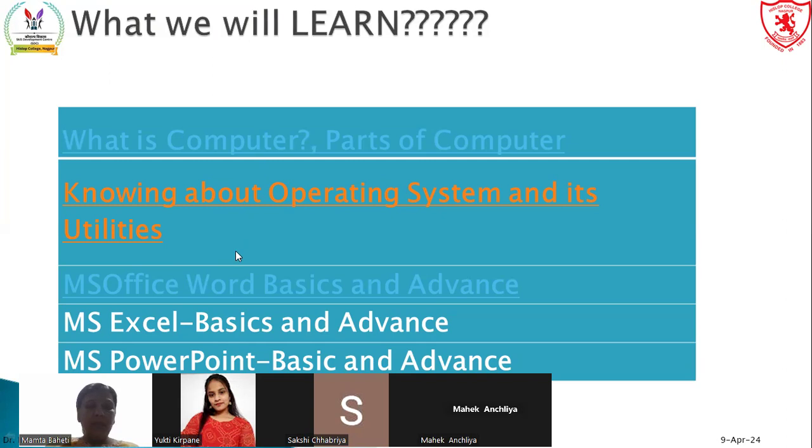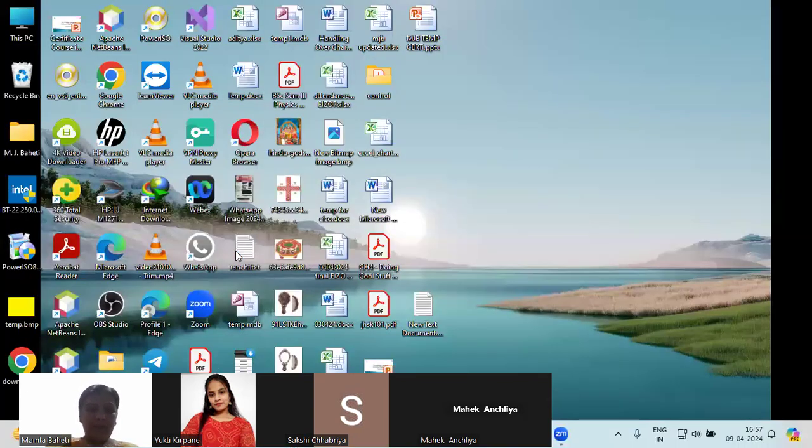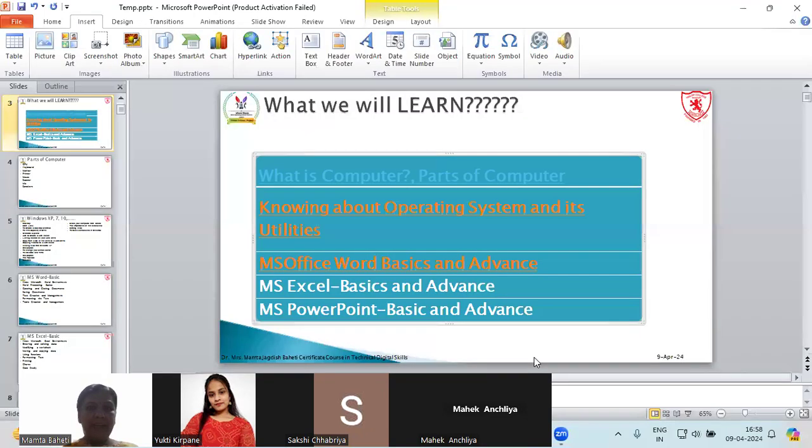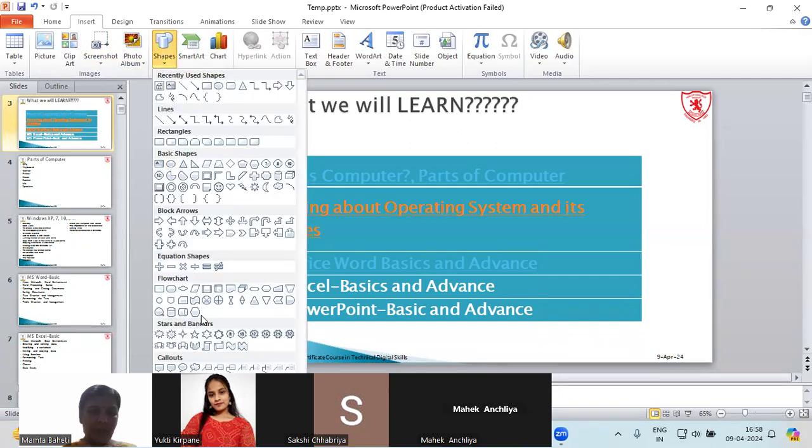So these are some of the ways where you can click and see the option. Again, I'm escaping from the slideshow. Now we will see the use of action buttons. From insert, shapes, at the bottom part you will see there are certain option buttons.